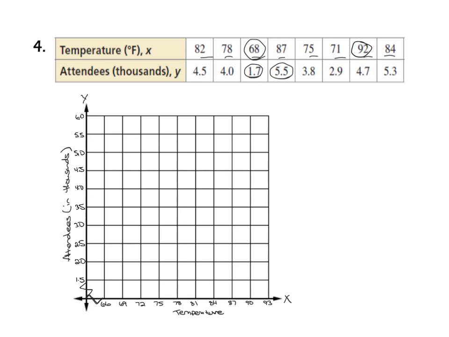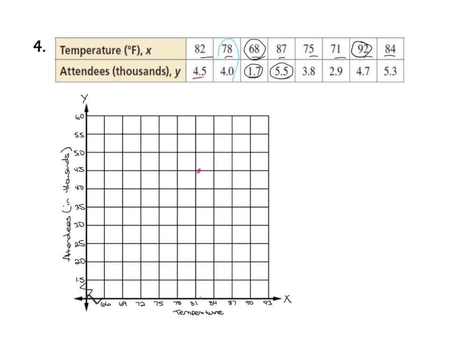So I find where my temperature is 82 degrees, so somewhere around here, and follow that all the way up until I get my attendees at 4.5. So I put a dot around here, and then I get where the temperature is 78 degrees.